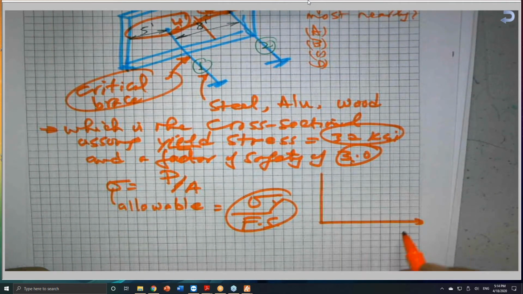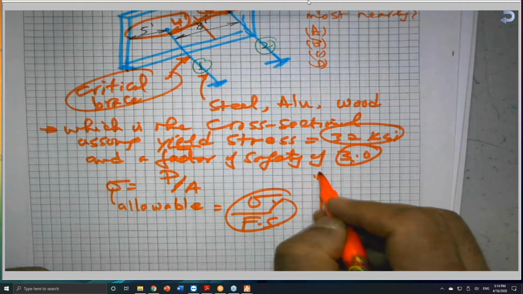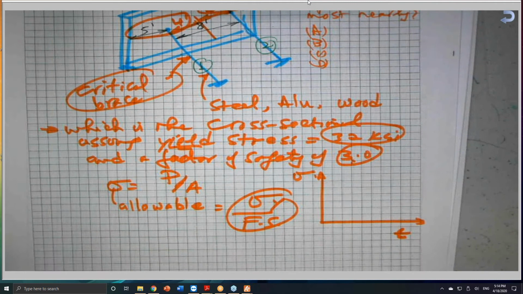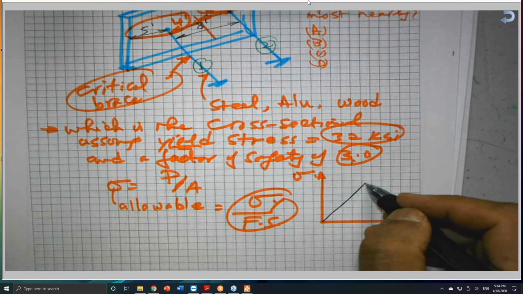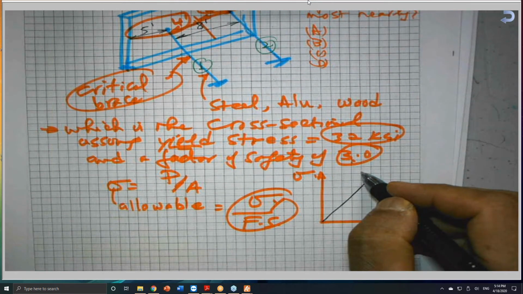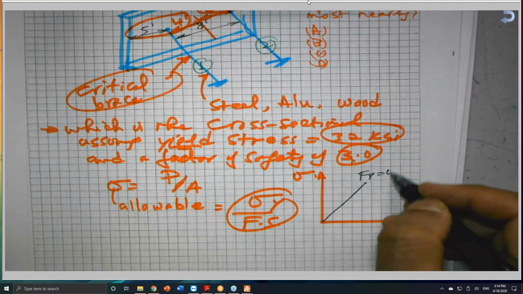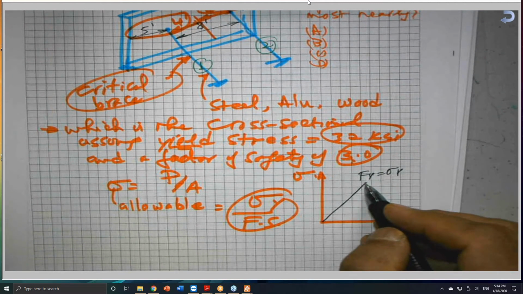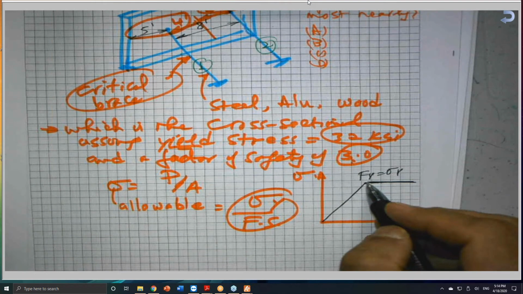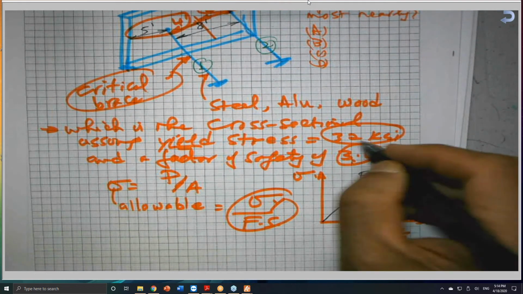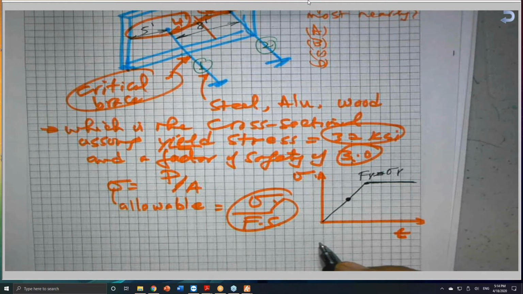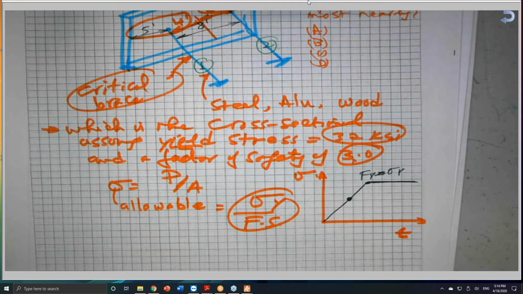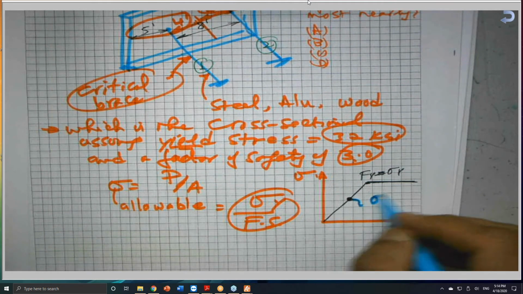Okay, so I use allowable stress because he gave me something like this. If this is epsilon and this is sigma, what he gave me is the yield stress somewhere here, the F sub y, as we call it, or sigma sub y, depending on the book. The yield stress is given to be 32 KSI, but I'm not using the yield stress. I'm going to use something much smaller than that, which we'll call allowable stress, sigma allowable.